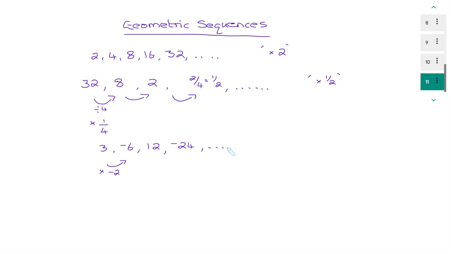So you can see this pattern's just going to keep going, and we're going to have alternating positive and negative numbers. We can call that an alternating sequence.